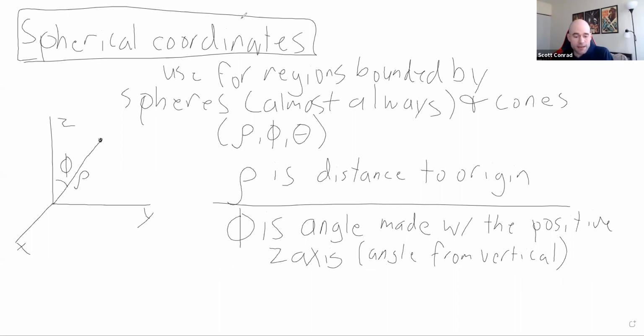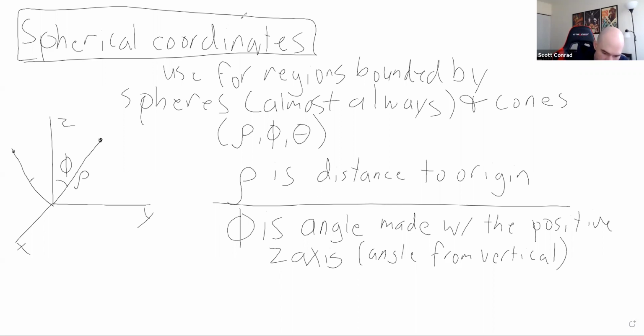The confusing thing about phi is that the angle there is phi, but if you rotate it around the z-axis, it maintains the same angle phi. If you look at two points on the cone, they're going to make the same angle with the positive z-axis.